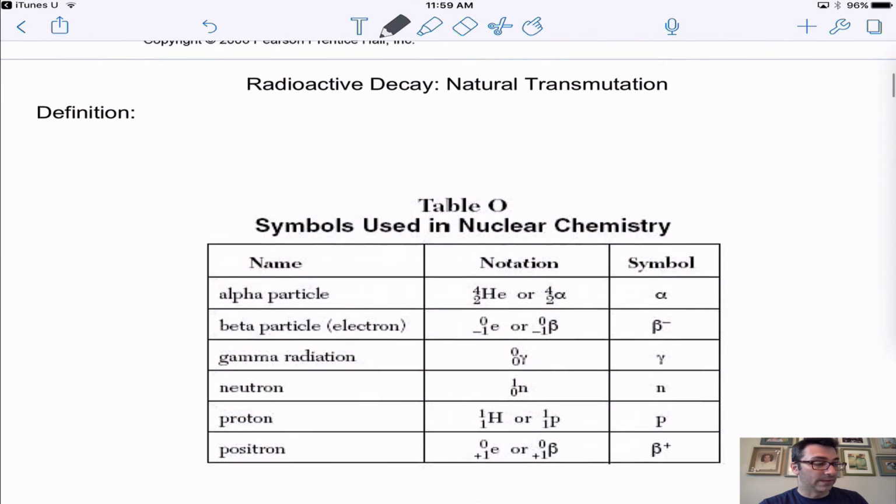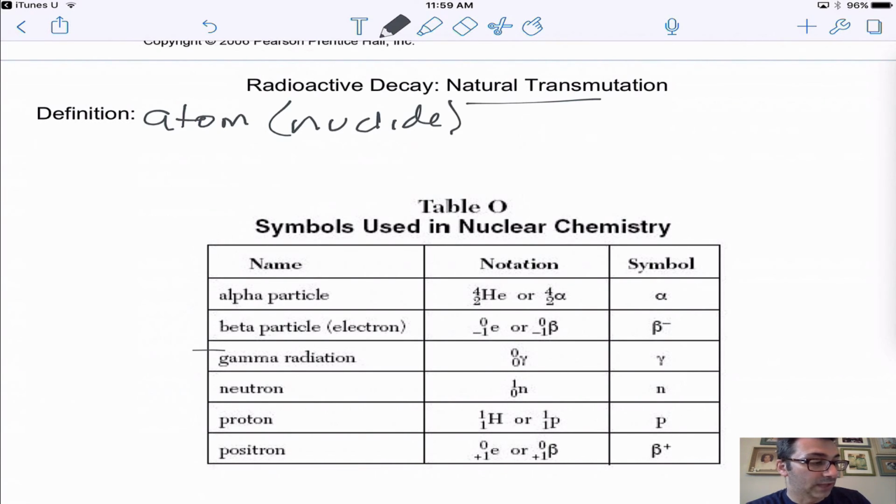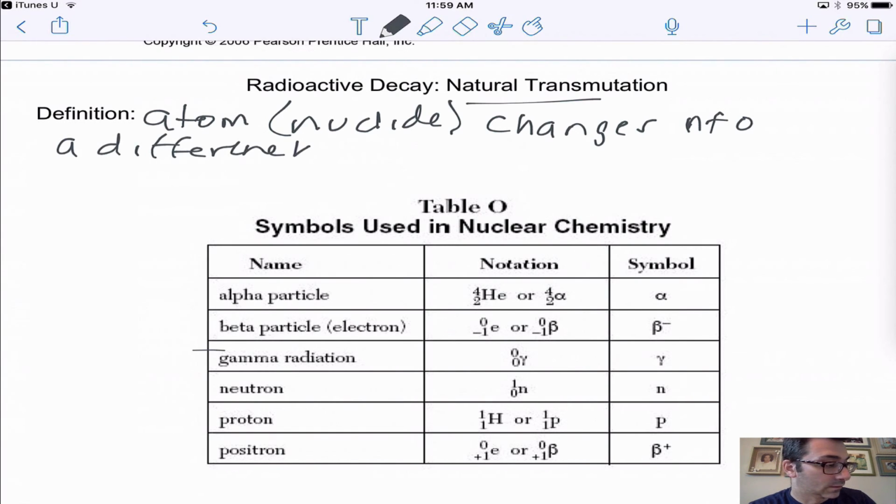Now let's talk a little bit about natural decay. The definition of natural decay, or natural transmutation, is where an atom, and sometimes they'll call the atom a nuclide, so where a nuclide changes into a different element on its own.